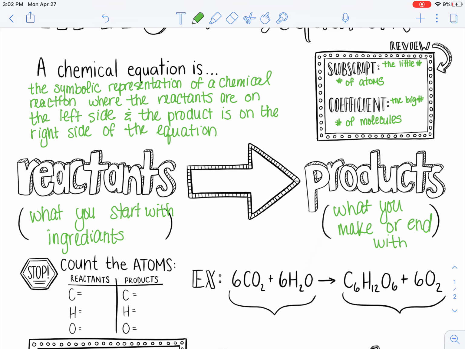And this arrow in the middle has a fancy name, and we use the word yields. And that is just a fancy way of saying that it makes something or it changes into something.